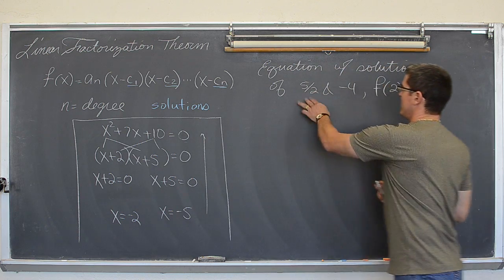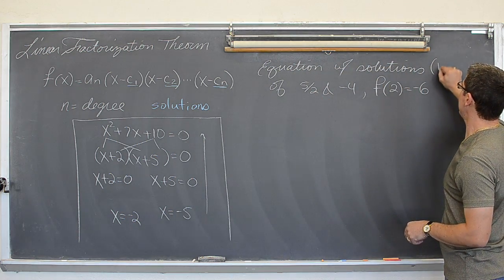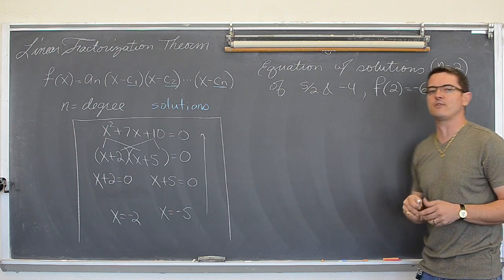So I'm giving you a couple of solutions, there's only two. Oh, and I have to tell you that n equals 2, so you know the degree of your final answer.